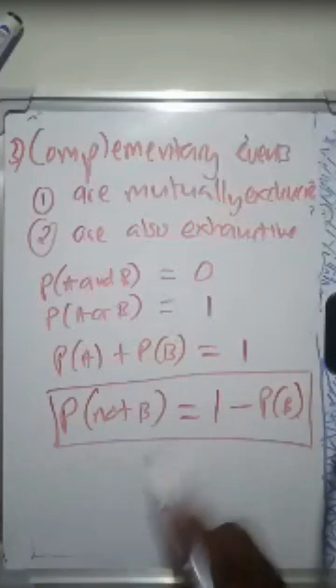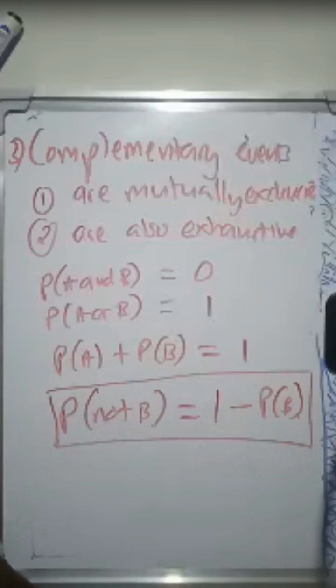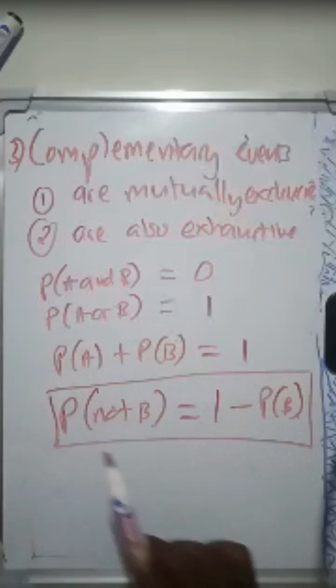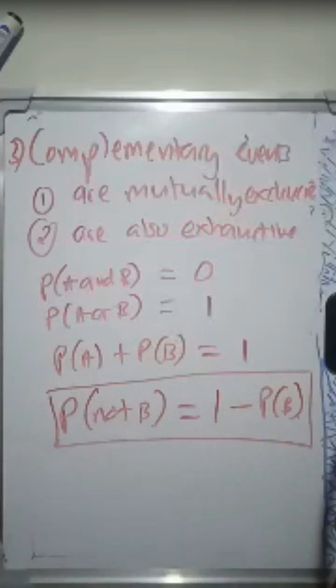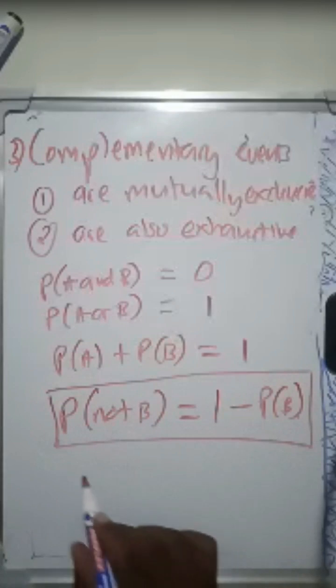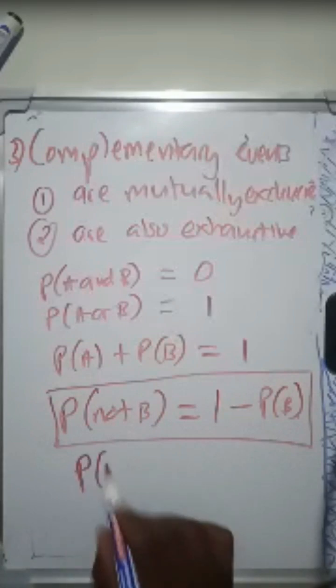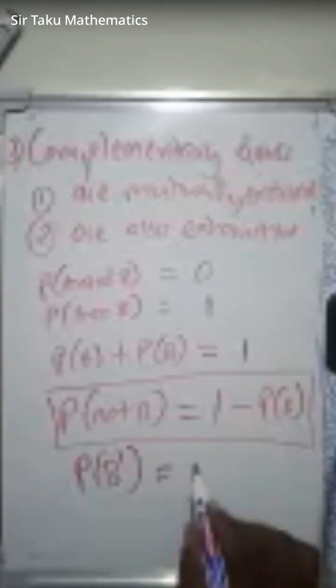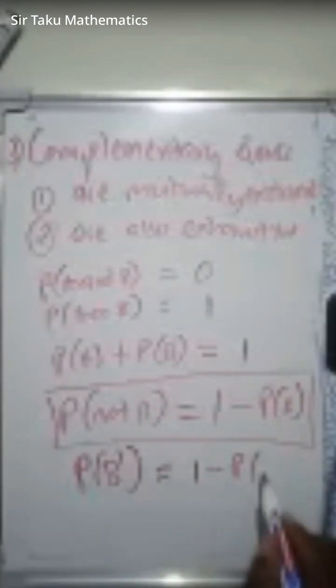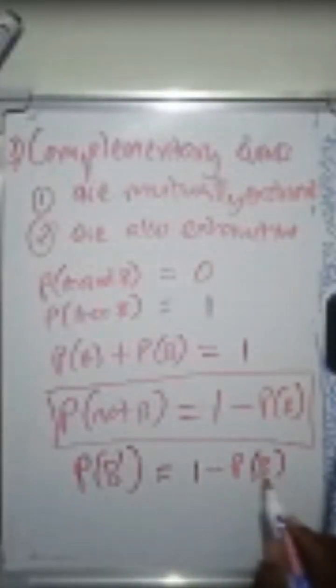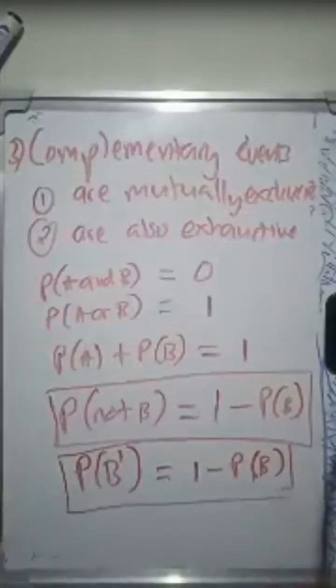So the probability of not B means you are calculating what? The probability of B there, but the probability of not B is 1 minus that one. This can be written in another way: the probability of B complement is equal to 1 minus the probability of B. So this is very important for complementary events. Okay?